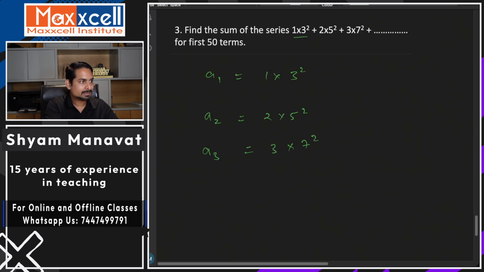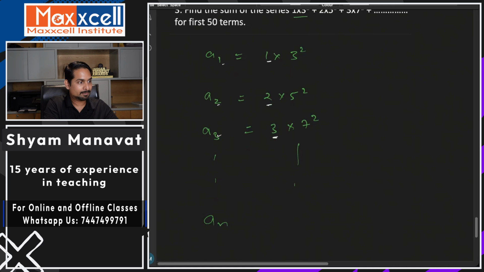Here, the first part of the term is exactly the same as the number of the term. That means if I want to find the nth term, first of all, here I will get n. Do you agree? For the first term it is 1 into, for the second term it is 2 into, for the third term it is 3 into, that means for the nth term it should be n into, correct?